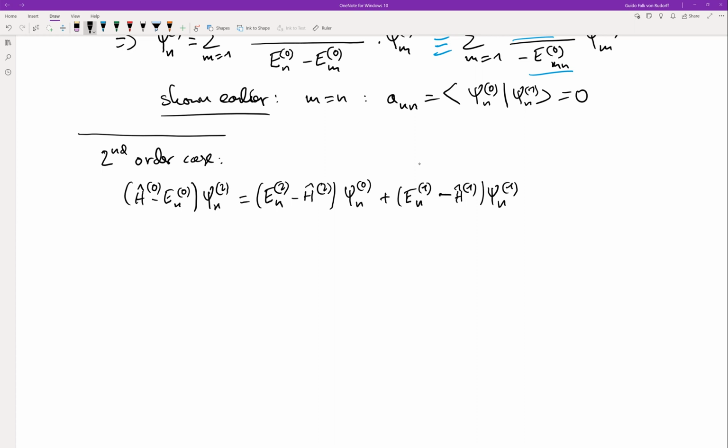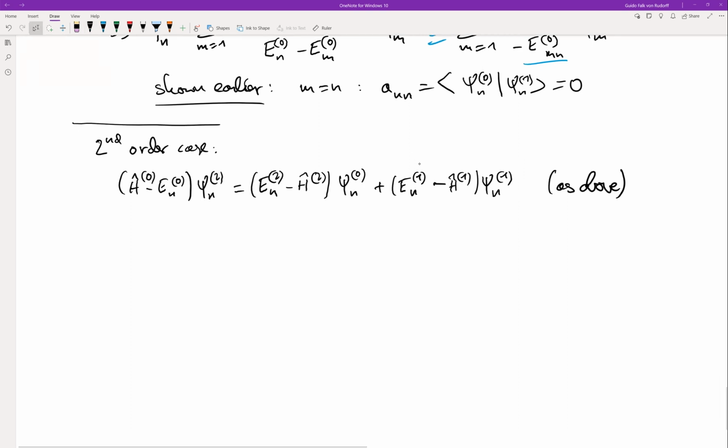So that's the same thing as you had above. Now we do exactly the same thing as before. Remember, before we did this projection onto psi m0, and now we do the same thing. So we do again this psi m0 projection.